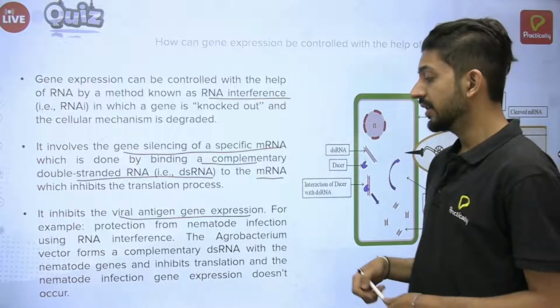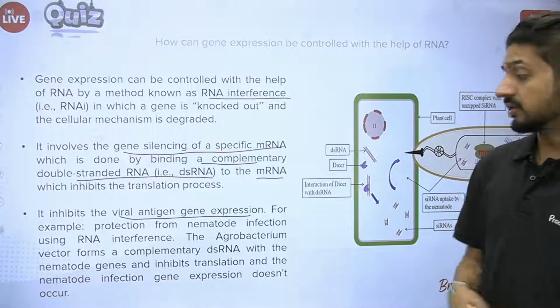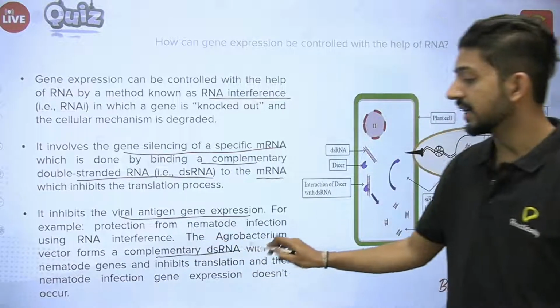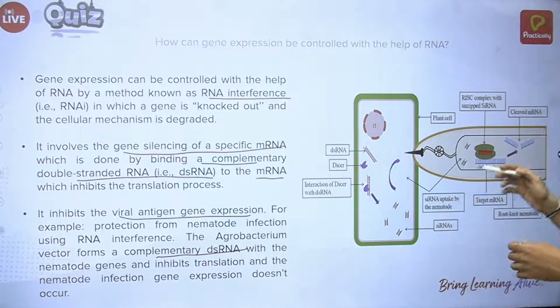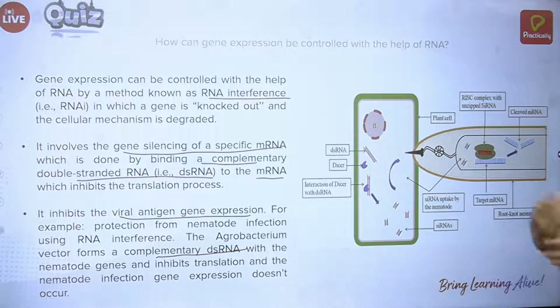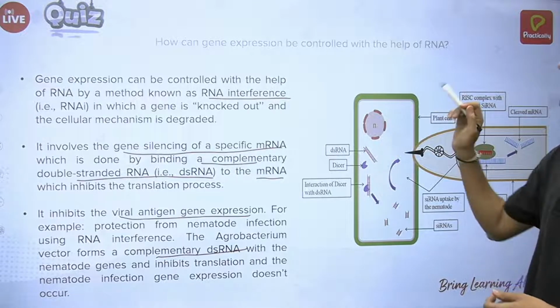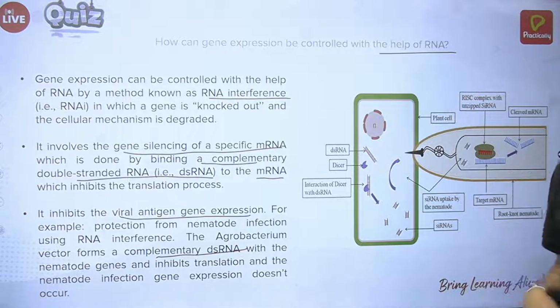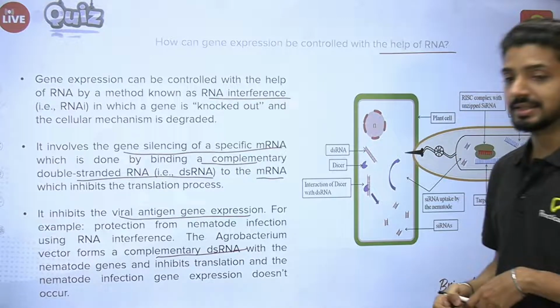For example, the Agrobacterium vector forms complementary double-stranded RNA. If it forms complementary double-stranded RNA, then it cannot undergo translation. It will not produce protein. The mRNA cannot get processed further. That's why it is called silencing. That is how gene expression can be controlled with the help of RNA using the RNA interference technique.